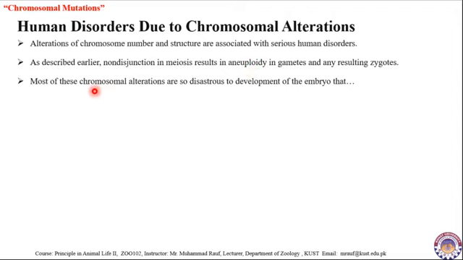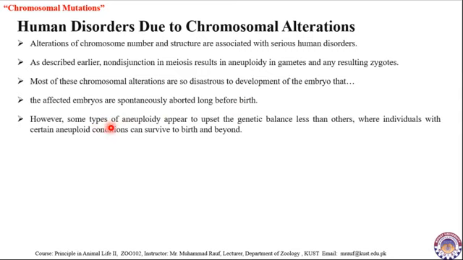Most of the chromosomal alterations are so disastrous to development of the embryo that the affected embryos are spontaneously aborted long before birth. It means those chromosomal mutations are lethal at times, and the delicate embryo cannot afford to carry such a mutation for too long and dies away.